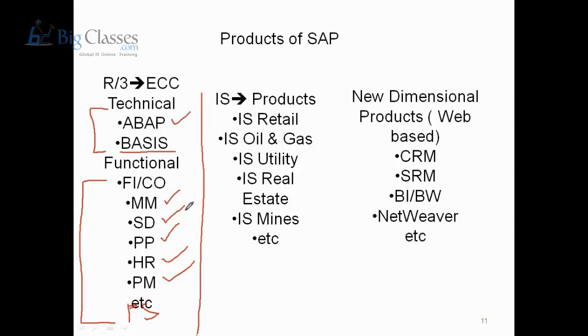If it is Walmart, which modules will they opt for? Don't look at the right side, only the left side. It's a retail company. Finance, yes. Is the costing part required for Walmart?